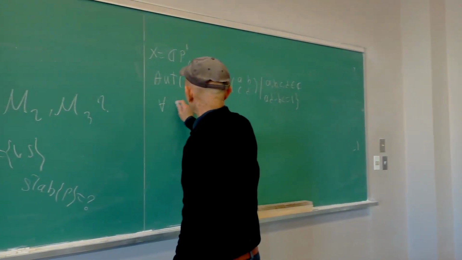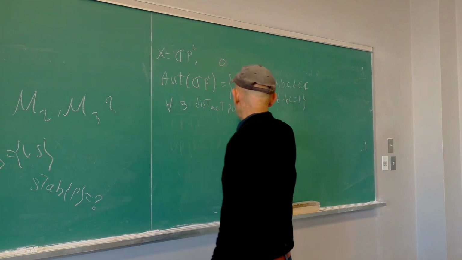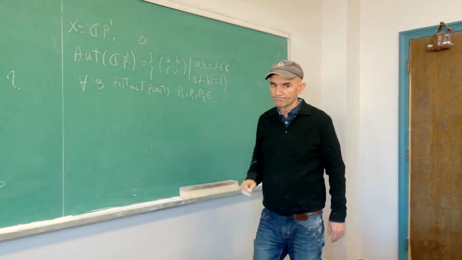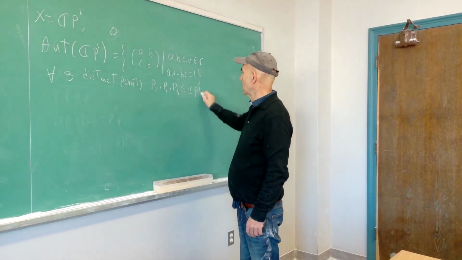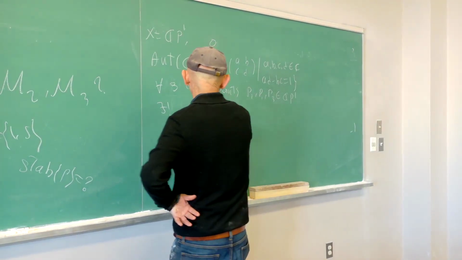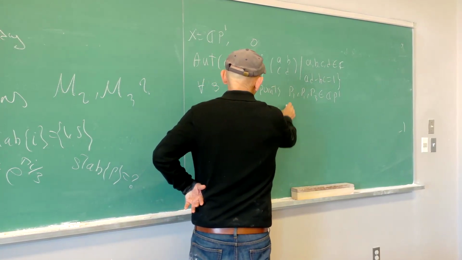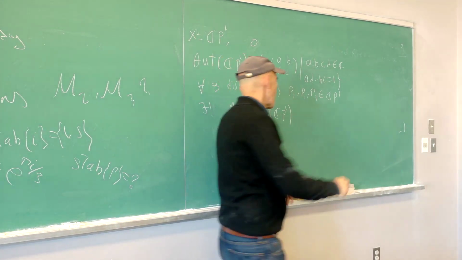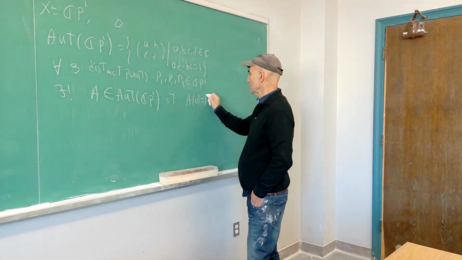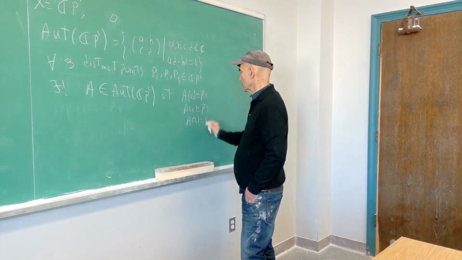So for any 3 distinct points P1, P2, P3 belonging to CP1, there exists a unique A belonging to automorphisms of CP1, a unique Mobius transformation, such that A of 0 is equal to P1, A of 1 is equal to P2, A of infinity is equal to P3.